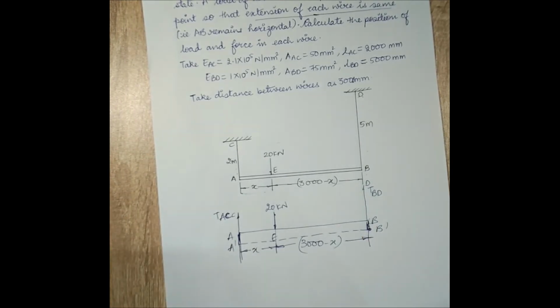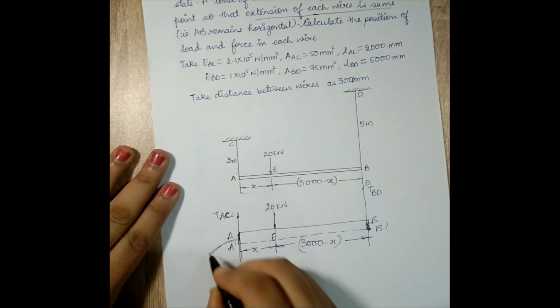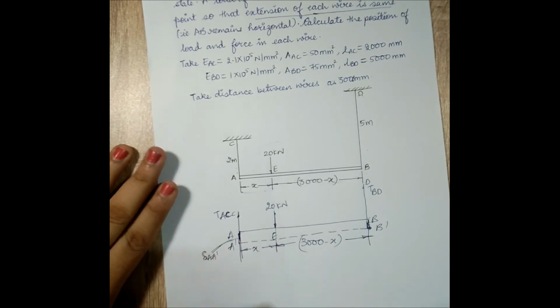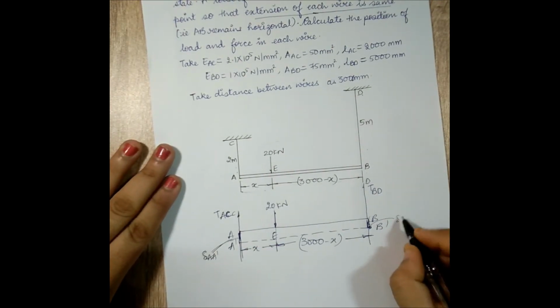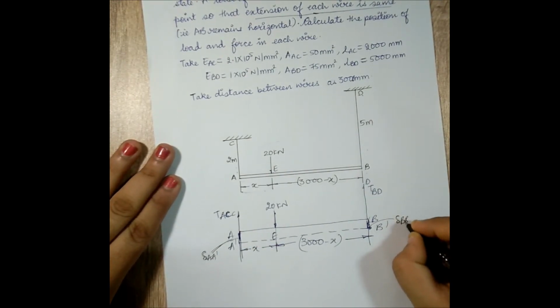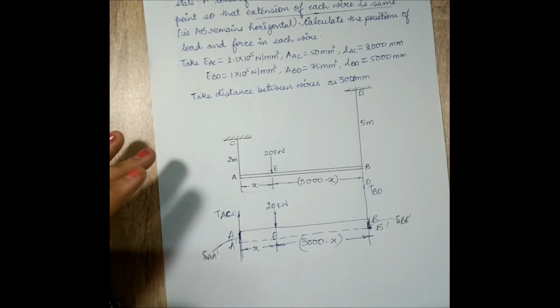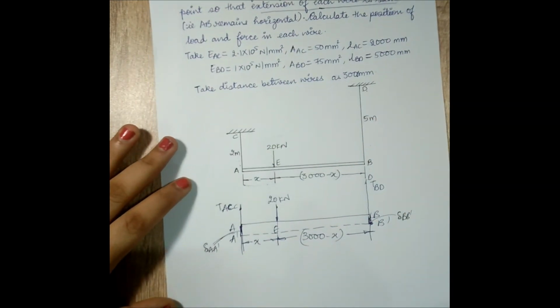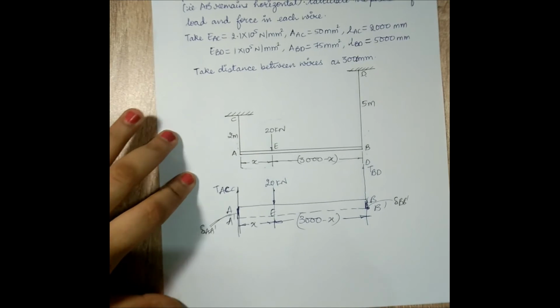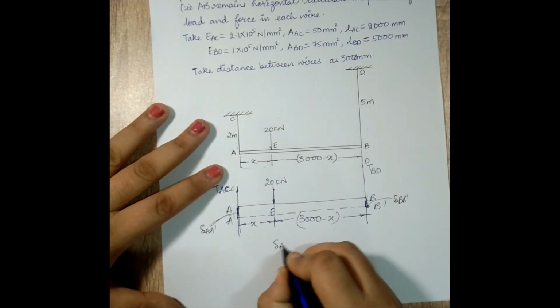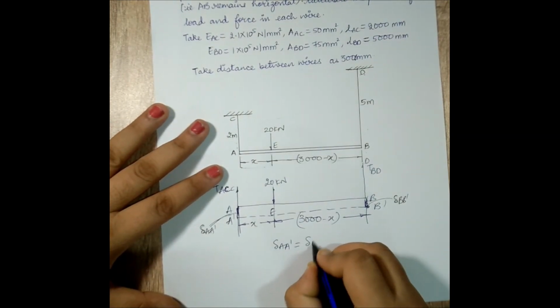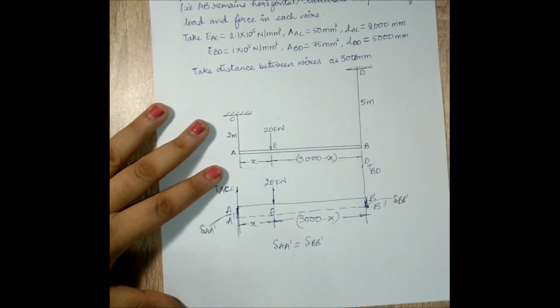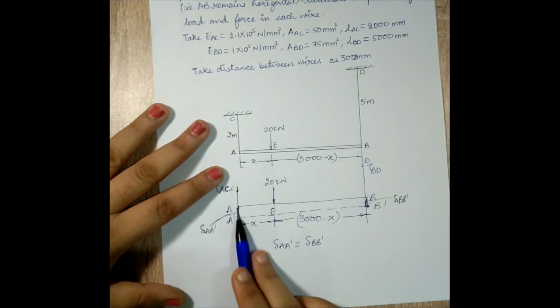Let me mark this change or this deformation over here as delta AA dash and the deformation on this side as delta BB dash. If you read the problem, extension of each wire is same, which means delta AA dash is equal to delta BB dash.